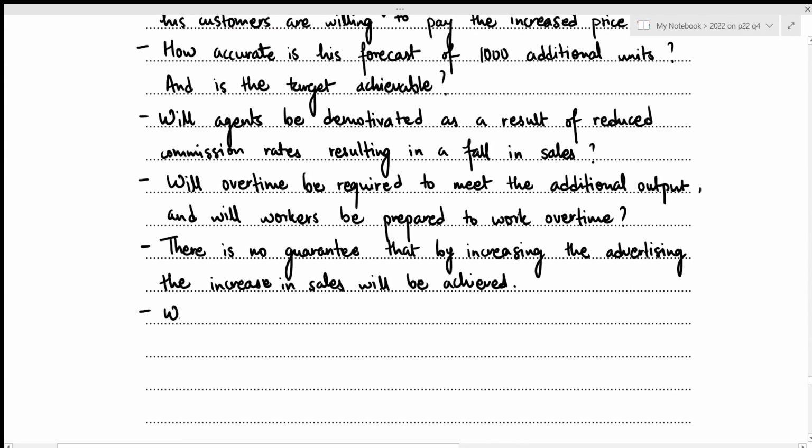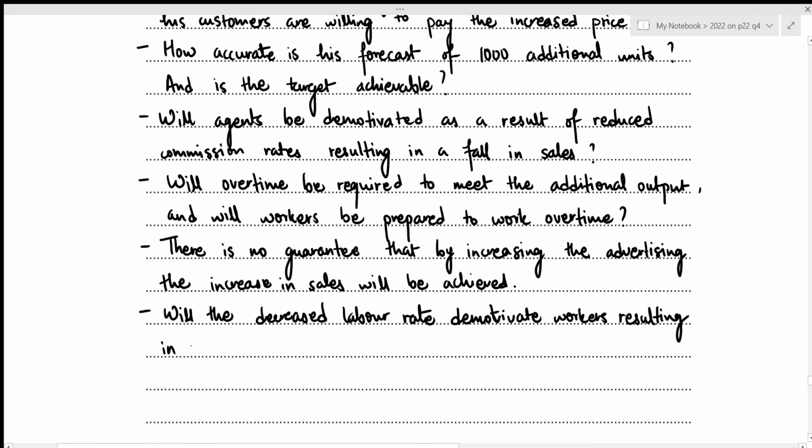Will the decreased labor rate demotivate workers resulting in reduced production levels and poor quality?